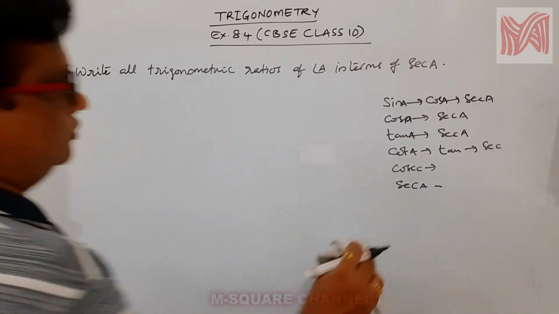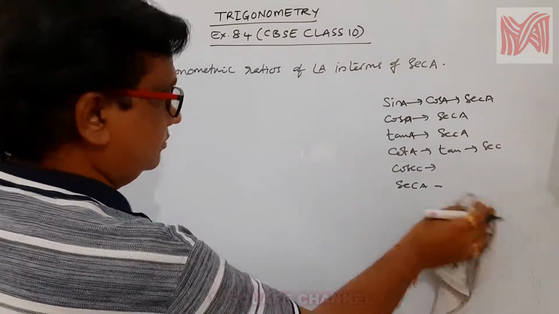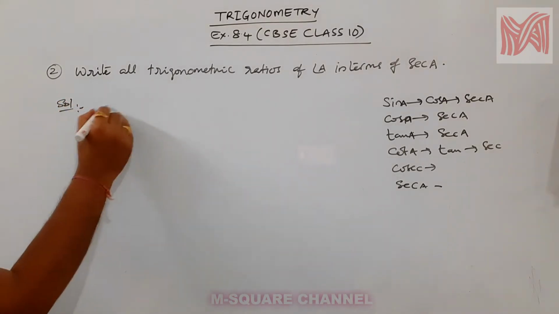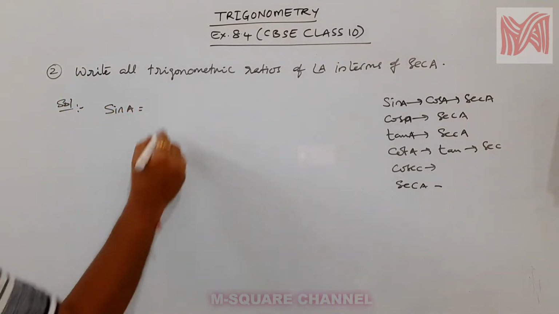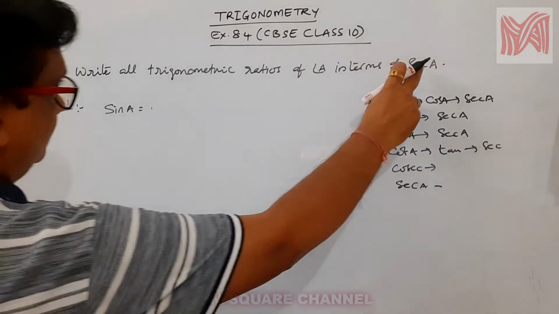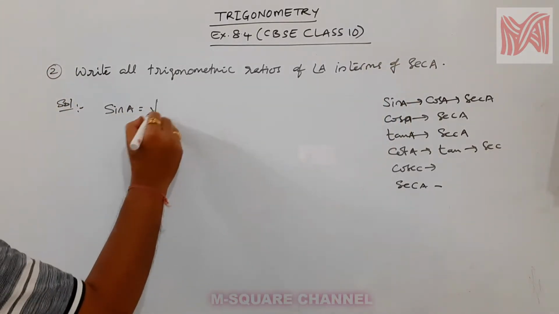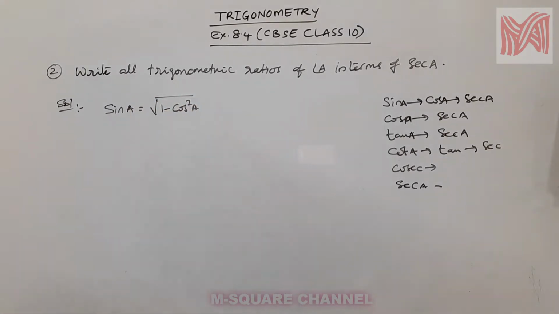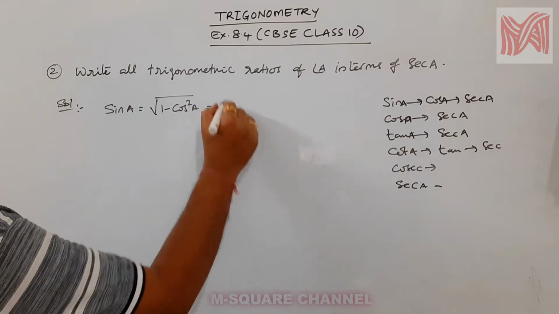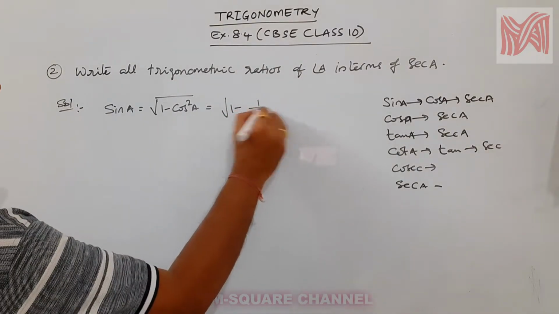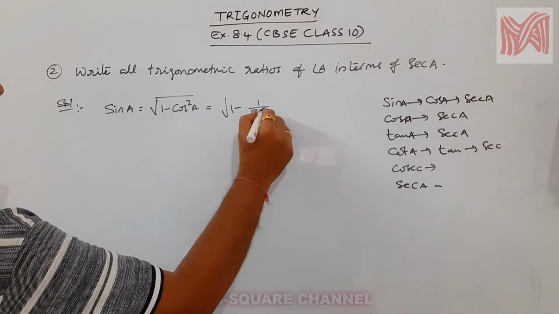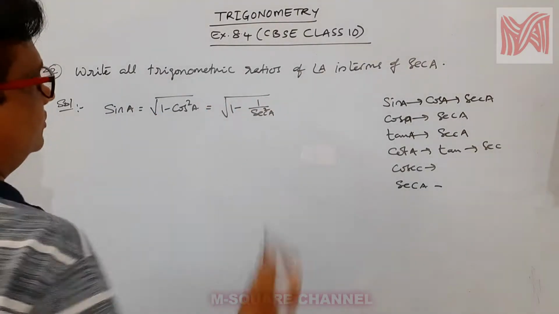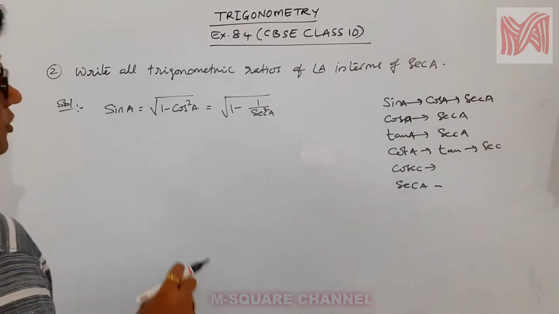Now we are going to perform these procedures. How we are going to do? Here in solution, sin A equal to, so we are going to convert into secant here. So what is sin A identity? Root of 1 minus cos square A. So root of 1 minus 1 by secant square A, because cos reciprocal is 1 by secant.